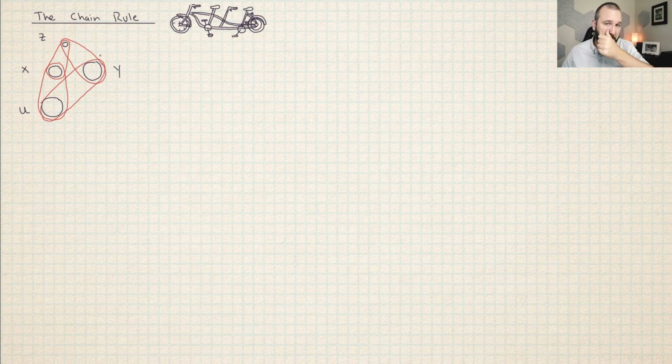And then the amount of spinning that's happening in Z is just going to be the sum of the amount of spinning that's happening in X and the amount of spinning that's happening in Y. So the final formula that we get is del Z. See, I can't write d anymore because these are partial derivatives.